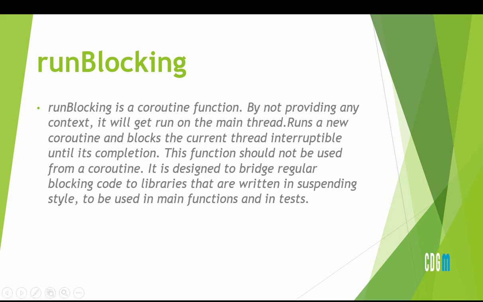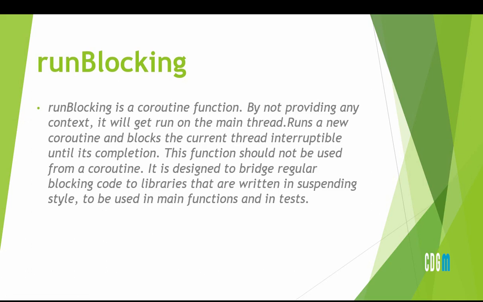Runs a new coroutine and blocks the current thread interruptibly until its completion. It will run a new coroutine function like a block, and the current thread is blocked, which means we can't use the UI of the app while it is completing the function. This function should not be used from a coroutine.